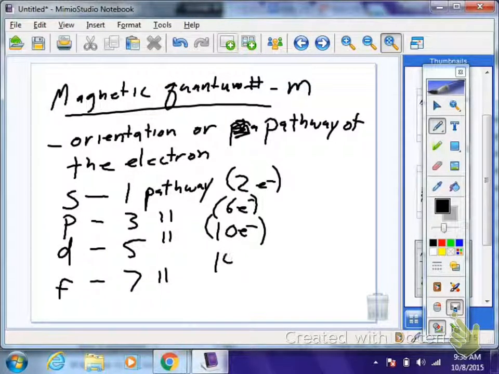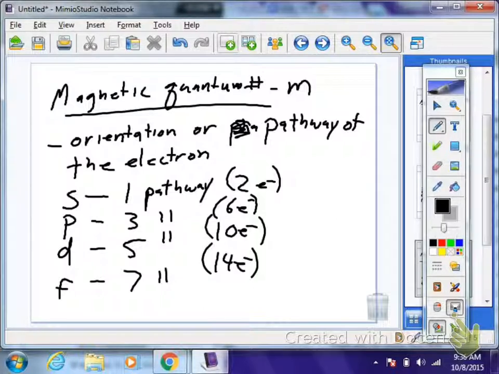Now, if you look at the periodic table, there are sections that have blocks of 2, blocks of 10, blocks of 6, and blocks of 14. Can you find the block of 2? This block here is 2. Going across, there's 2 in that block.